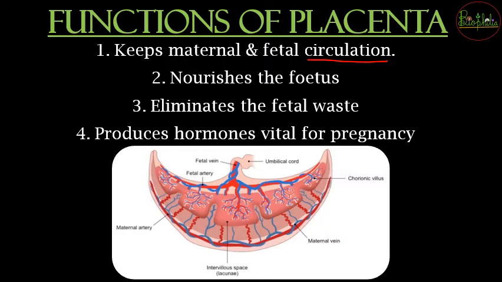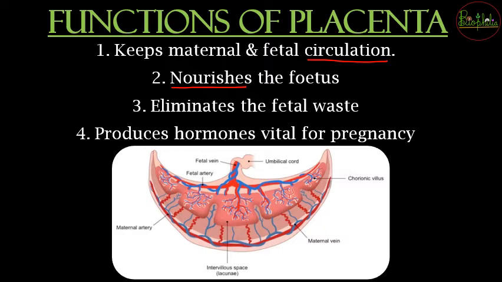As well as, the placenta is going to be taking care of the nourishment of the fetus. So whatever nutrients need to be supplied from the maternal blood, say for example amino acids, glucose or any other vitamins, minerals or whatever they need to grow, all those are going to be provided by the placenta.